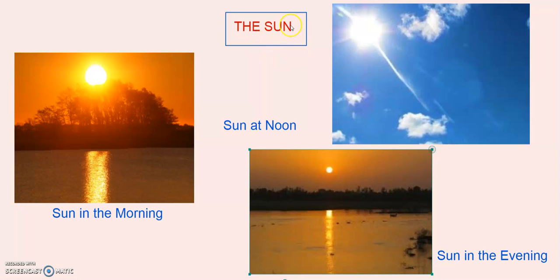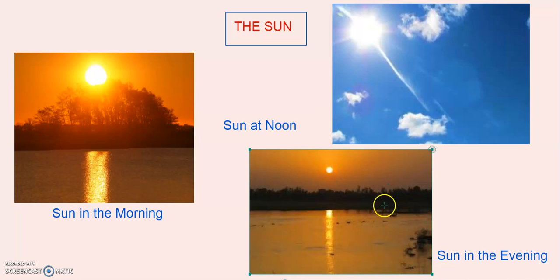We know the sun gives us light and heat. How do you feel in the morning? It is cool. The sun doesn't shine much, so we feel a bit cold. How do you feel in the afternoon? Yes, at noon time we feel warm.